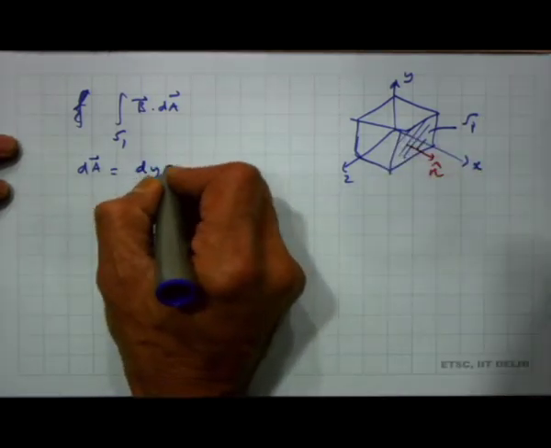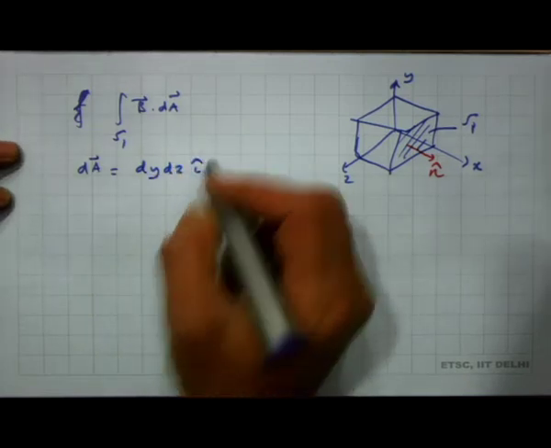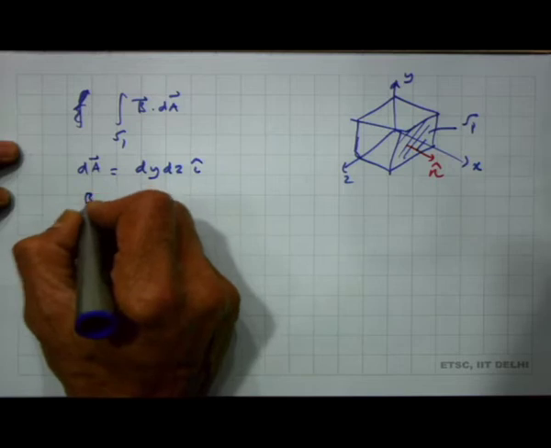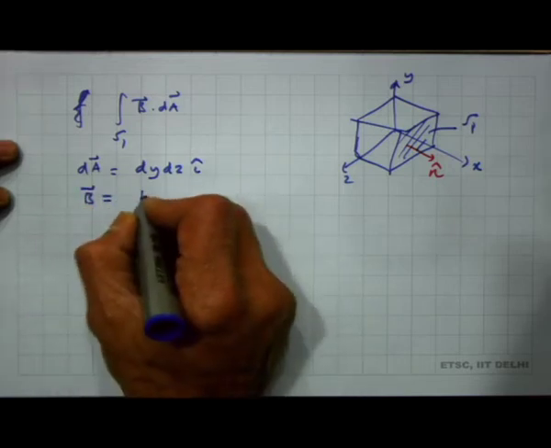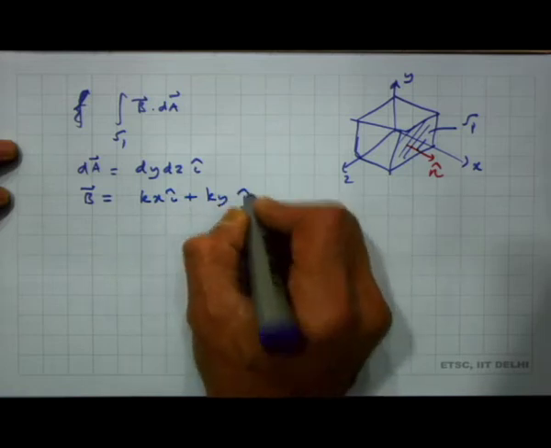So, dA will be dy dz times i cap, and B is given by k x i cap plus k y j cap.